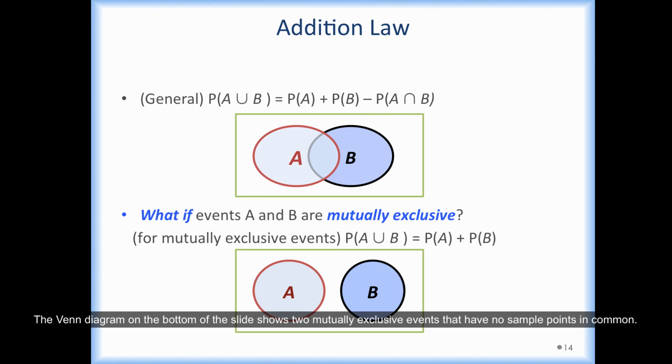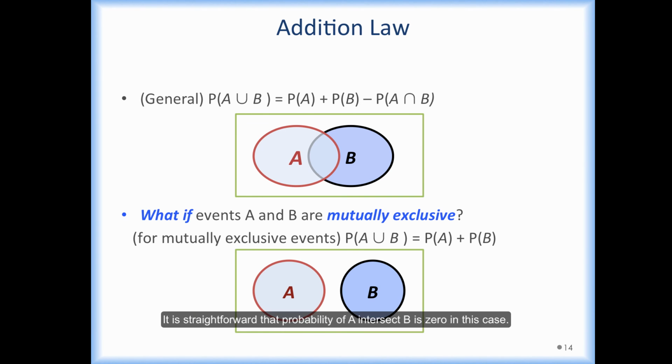The Venn diagram on the bottom of this slide shows 2 mutually exclusive events that have no sample points in common. It is straightforward that the probability of A intersect B is 0 in this case, and the probability of A union B equals the sum of the probabilities of the 2 events.